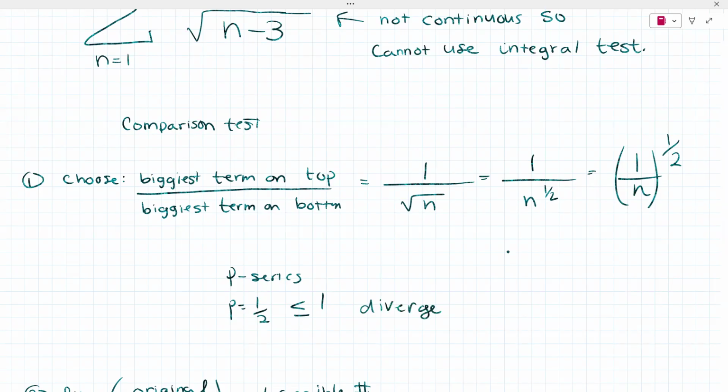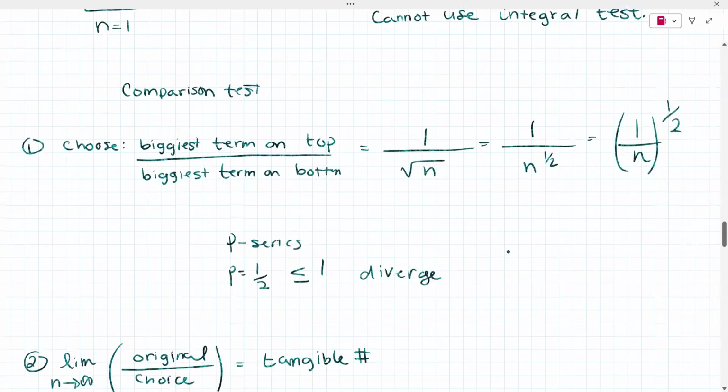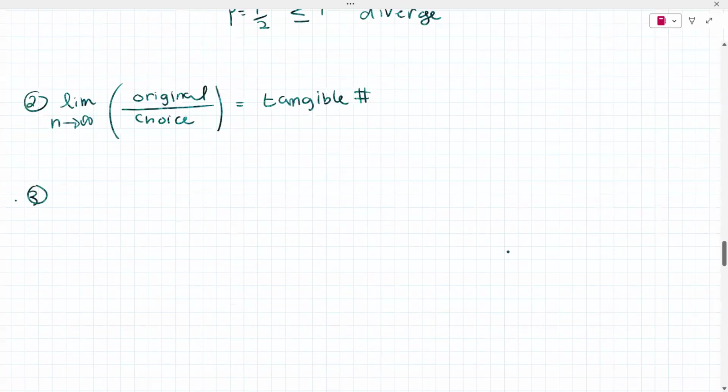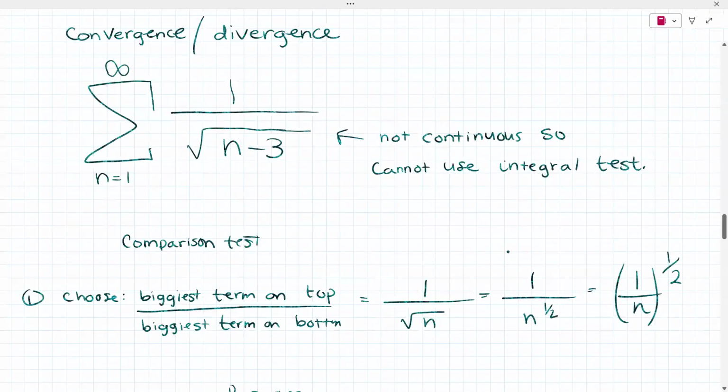We could not use the integral test because it is not continuous, because it goes from infinity, right? But let's pretend it wasn't infinity. Let's say our boundary is from 1 to 4.